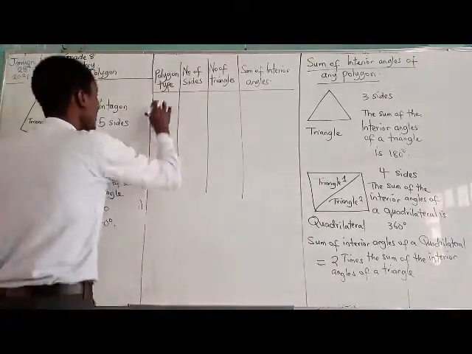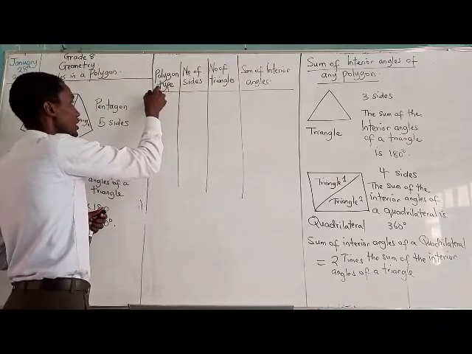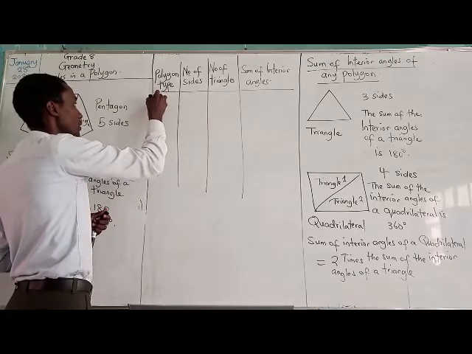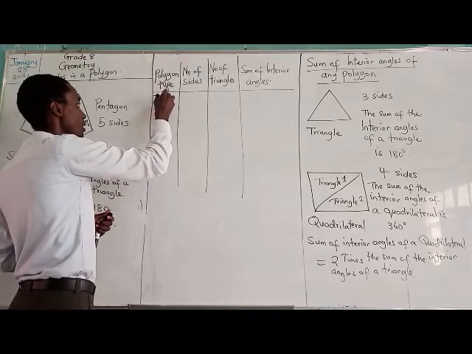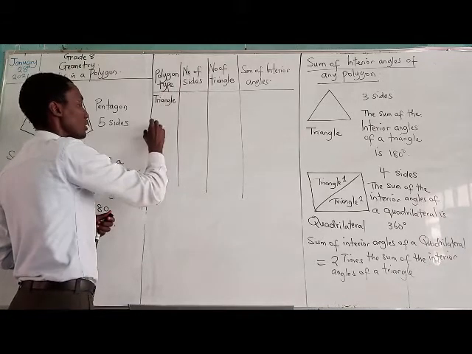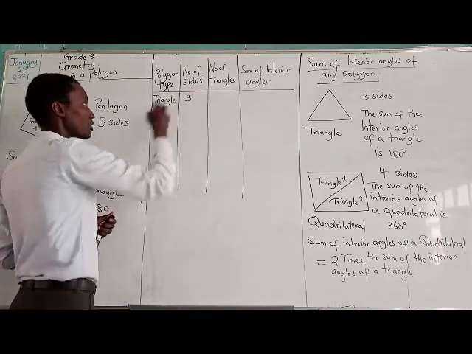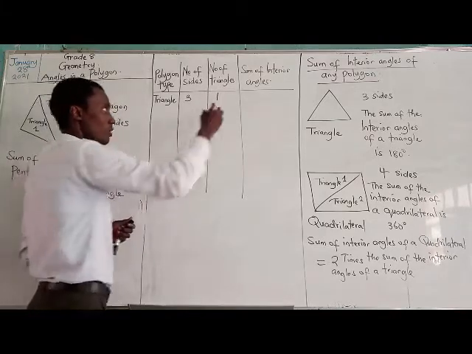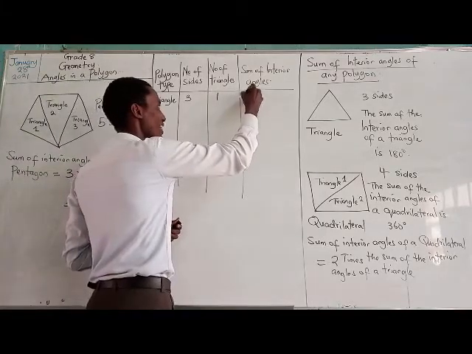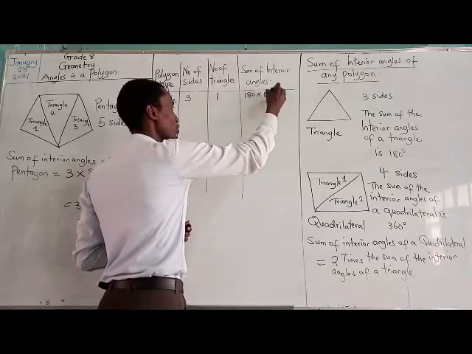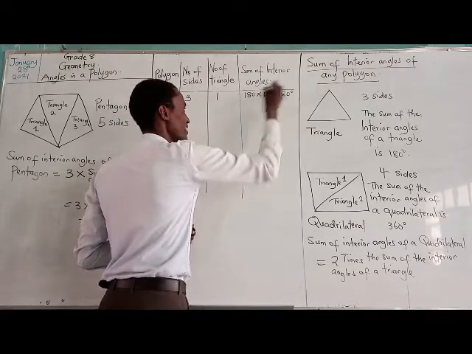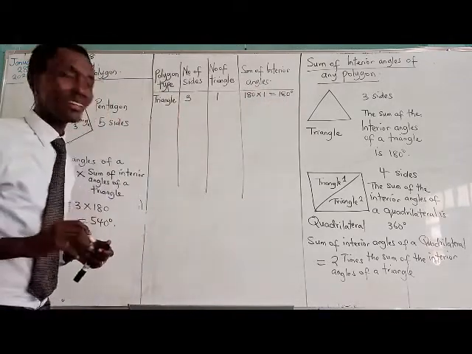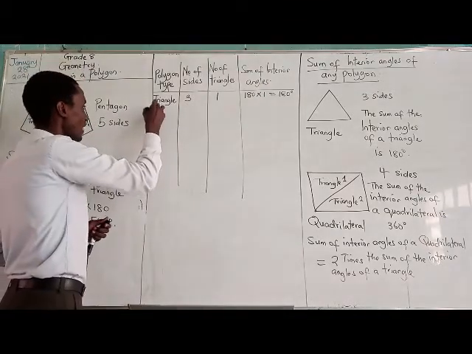Alright, so let's continue. The first type we look at is called a triangle. The number of sides will be 3. The number of triangles will be 1. The sum of angles will be what? 180 times 1, which will be 180 degrees. The next one is a quadrilateral.